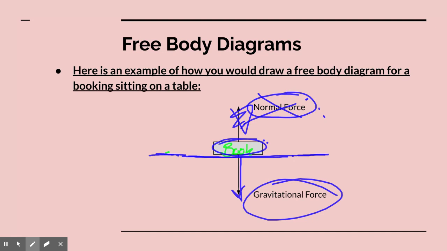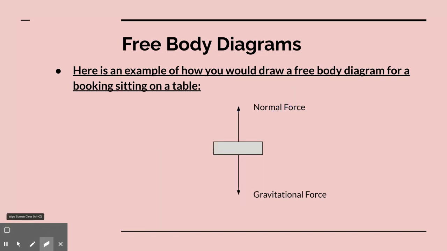That means there is nothing to stop it. So think of the normal force as the equal and opposite force that another thing will exert on something like this book that's sitting on top of it. We show the normal force in reference to the gravitational force. They oppose one another.